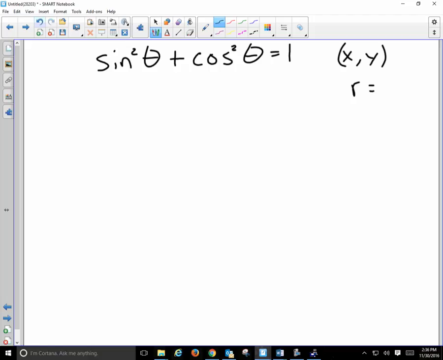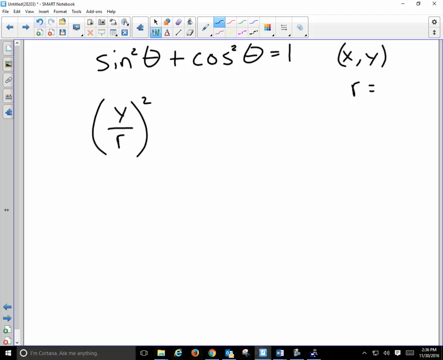Watch. In terms of x and y and r, do you remember what sine is? Sine is y over r, right? Agreed? So you're going to square that.